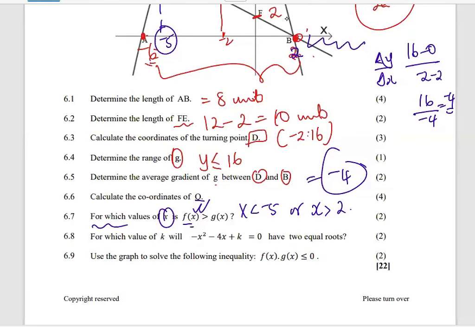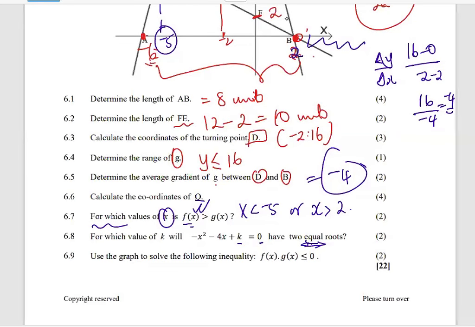And then 6.8, for which value of k? Now they're talking of a value, not values. For which value of k shall we have -x squared minus 4x plus k equal to 0 have 2 equal roots?